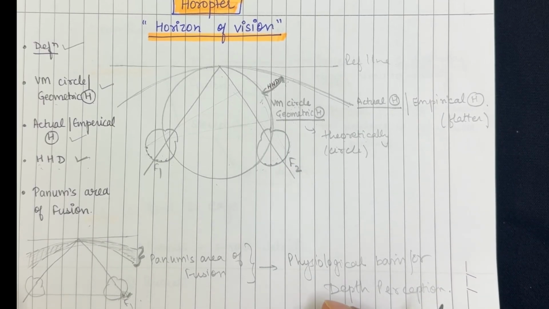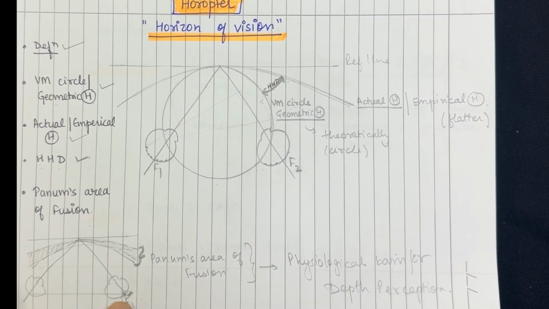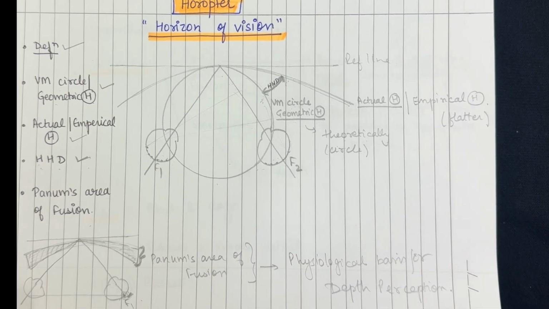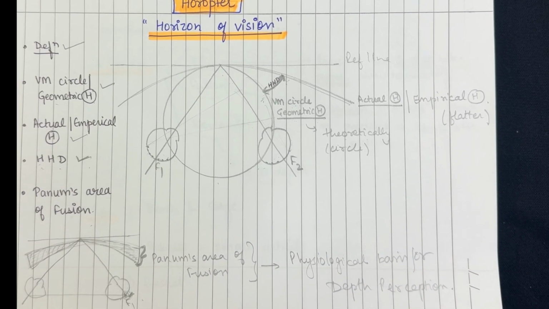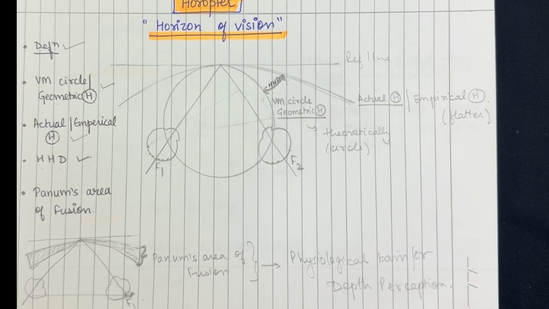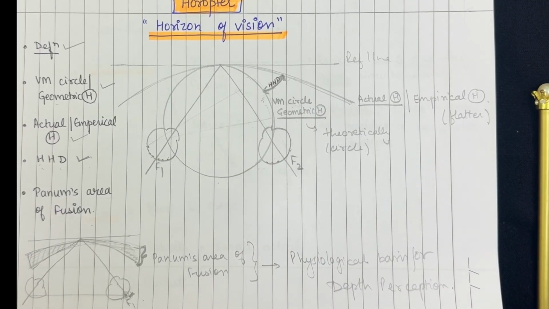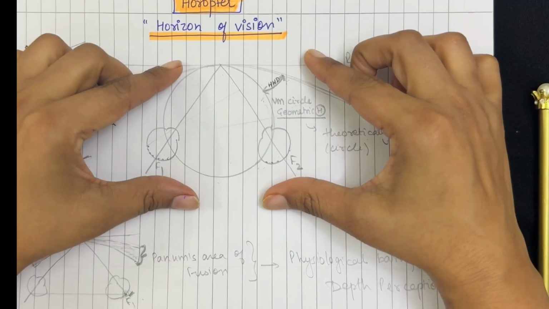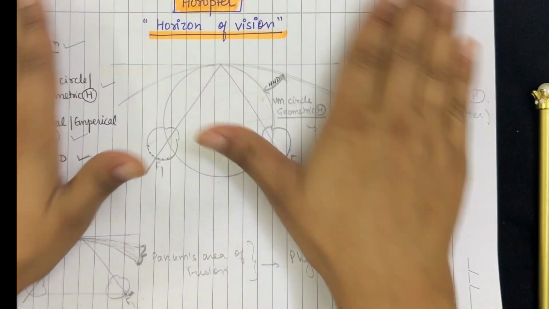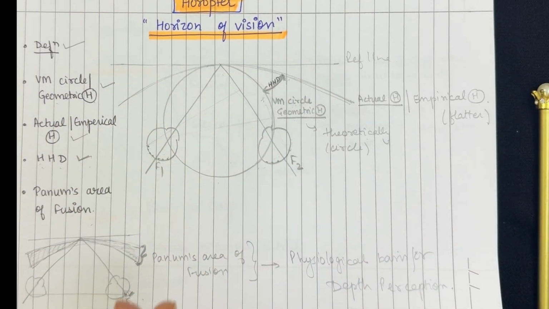So this is responsible for depth perception. Panum's area is smallest at the fixation point and it increases sidewise, depending on the retinal eccentricity. So this is Panum's area of fusion, responsible for the physiological basis of depth perception. So you remember this diagram and you can always clear your concept of Horopter.